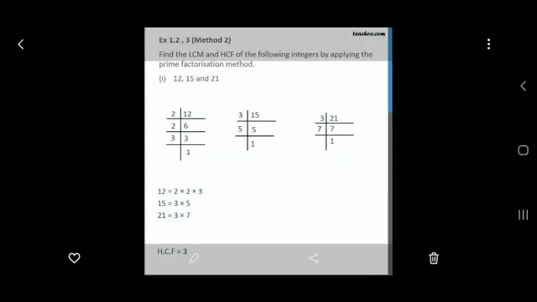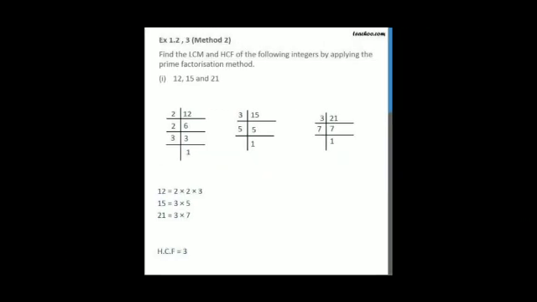Then similarly we have to find the LCM. What is the LCM of 12, 15 and 21? Find its multiples and find the least common multiple. Do it now itself.